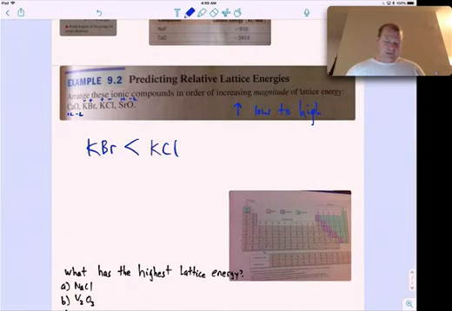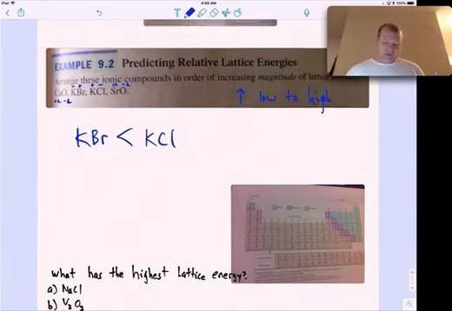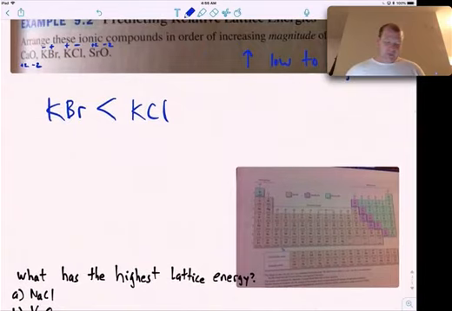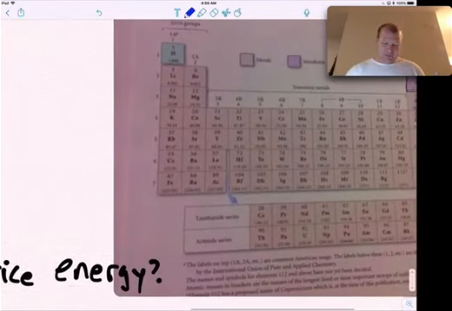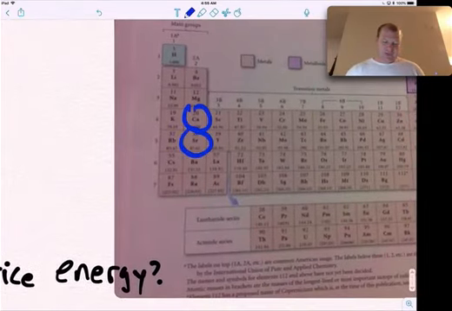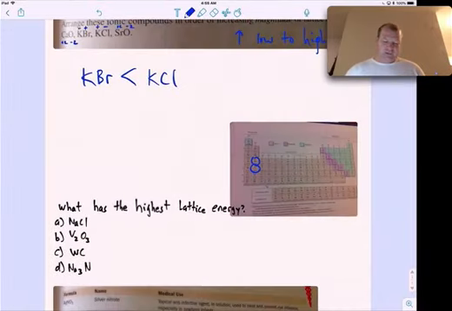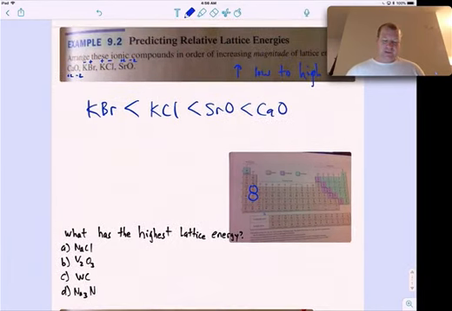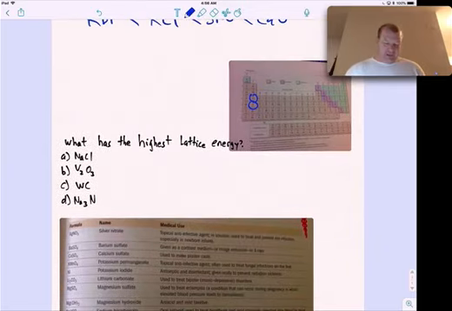So now it's between the +2 and -2. Oxide's the same, so that's not going to be the problem. We have calcium and strontium. Here is calcium, here is strontium. Strontium's bigger, so that's going to be less than strontium oxide, and then calcium oxide's the biggest. So low to high, that's the order of the relative lattice energies.